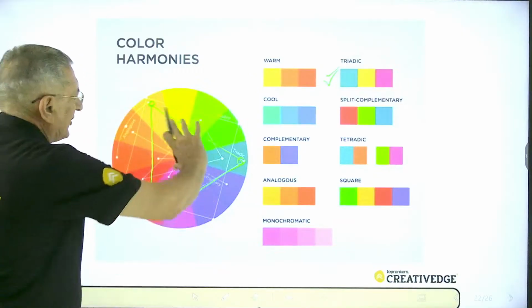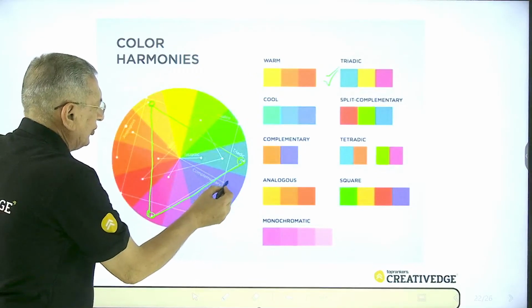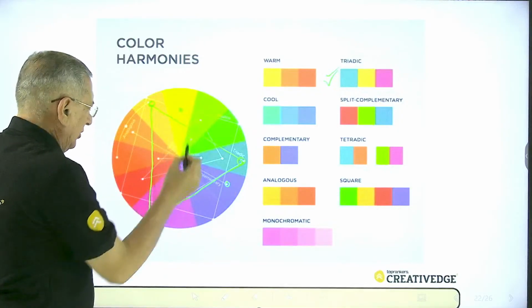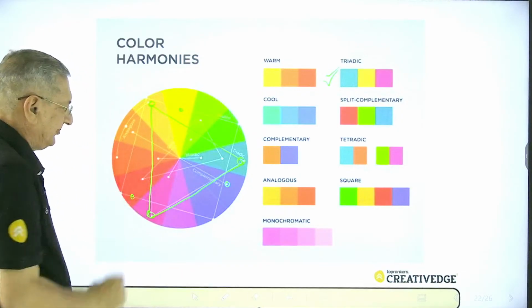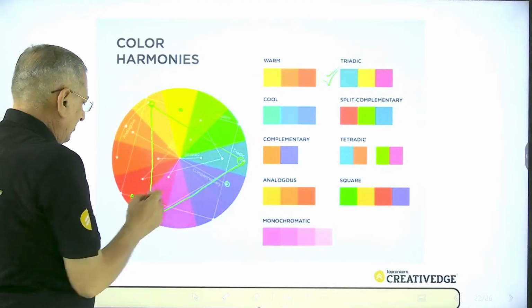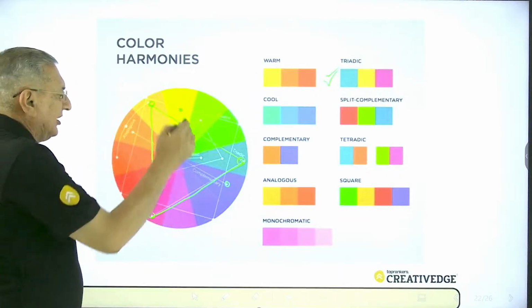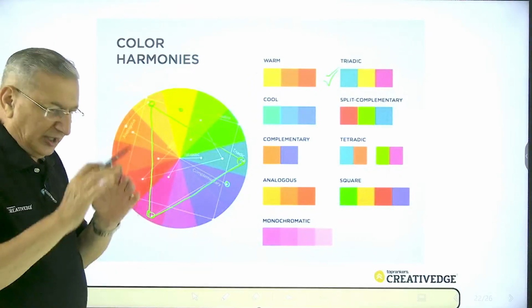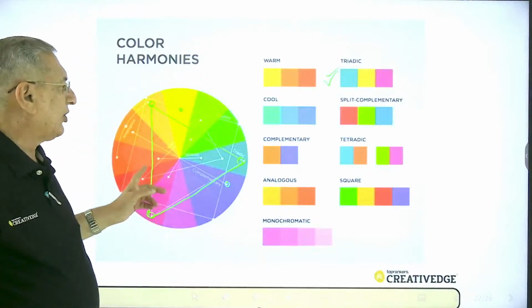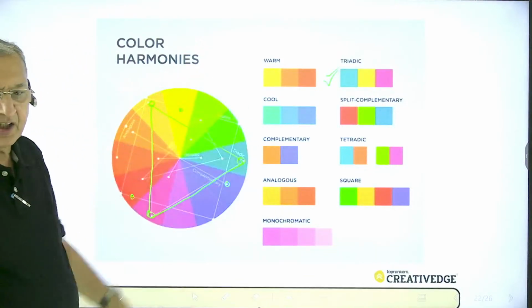You could also shift it a little, so you would get blue, yellow and red. So if you use red, yellow and blue in an arrangement, in a picture, in a drawing, then that would be called a triadic arrangement of the color.